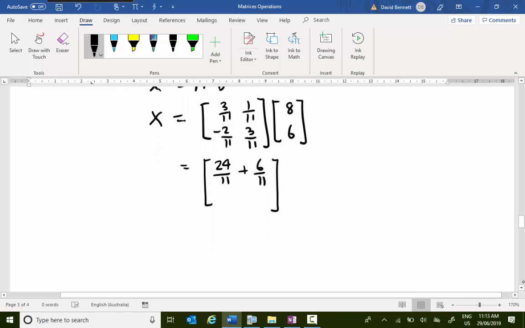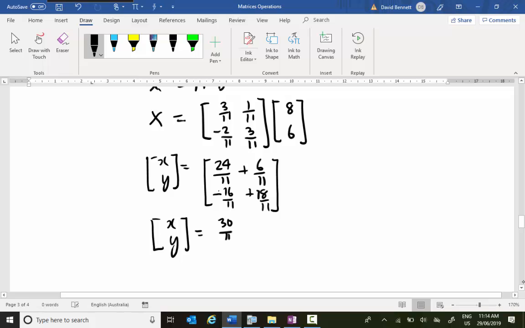For the next row, I'm going to have 8 times -2, which is minus 16 on 11, and then 3 times 6, which is plus 18 on 11. Remember X is in fact X and Y. So 24 plus 6 is going to be 30 on 11, and the next one is negative 16 plus 18, which gives me 2 on 11.